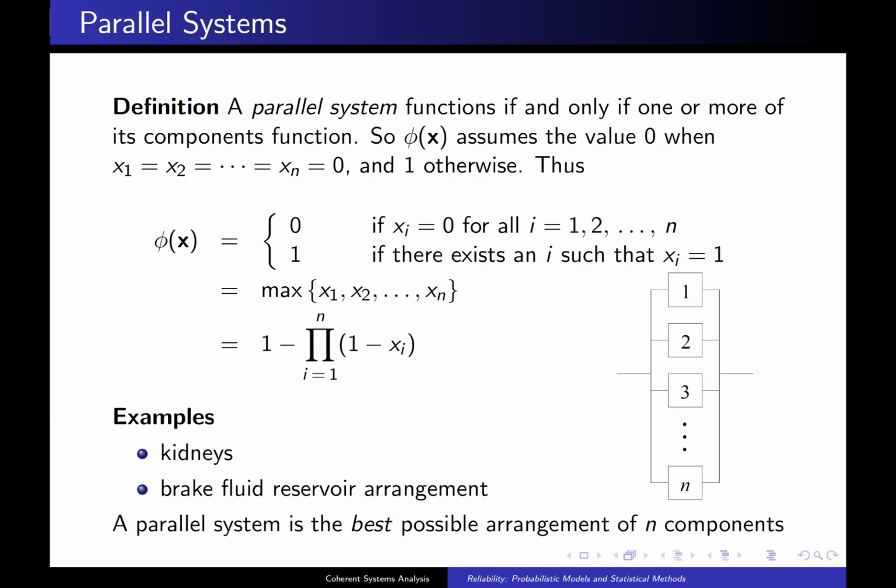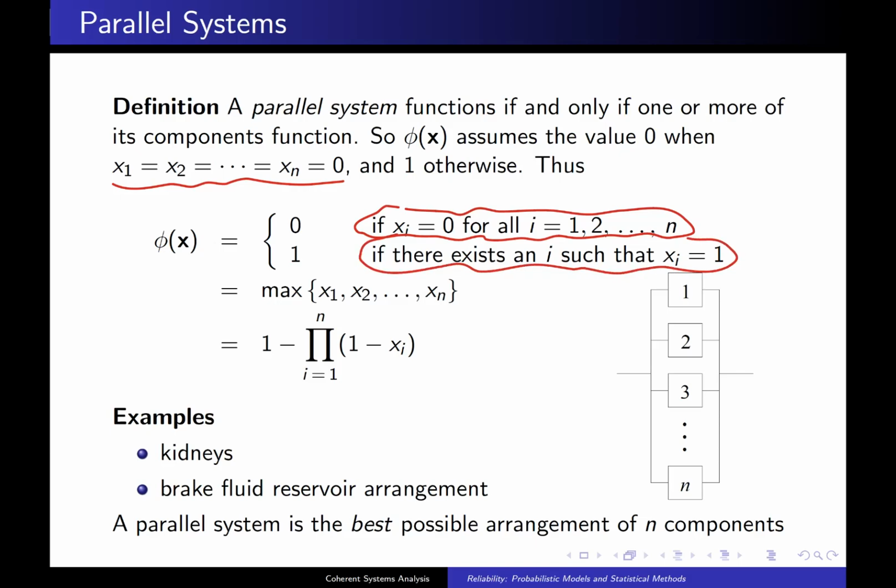So phi of x assumes the value 0, which is to say the system is down, when all of the components are down, and it is 1 otherwise. So phi of x equals 0 if all of the components are down. Otherwise, phi of x equals 1 if you can find at least one component which is up.